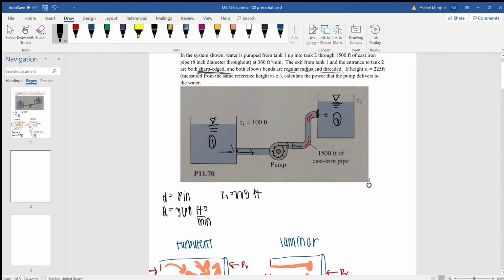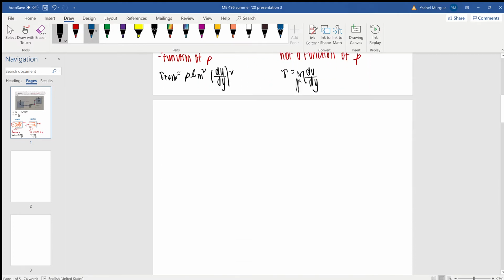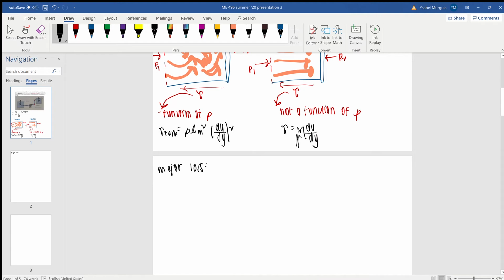Through these pipes, due to these flows, there is going to be some major losses and minor losses, which we need to consider. So, major loss, I will write out here. Major loss is the head loss from the viscous effects in the straight pipes. So this fluid is flowing through this pipe, and as mentioned earlier, there is going to be some shearing stress and some head loss here due to friction. So that is what major loss is defined as.